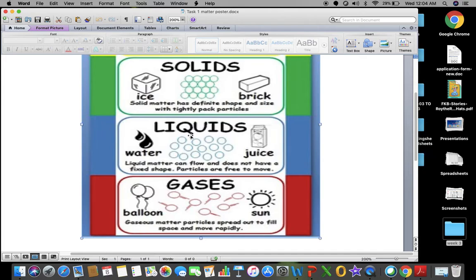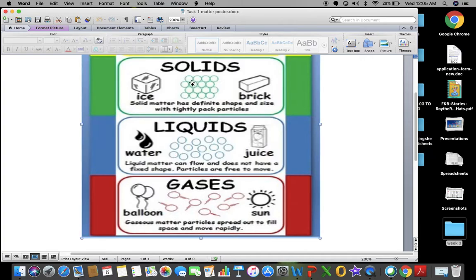We are looking at a poster here that shows the difference between the states of matter, how the atoms and molecules are arranged in each state of matter. Here we can see the arrangement of atoms in a solid.